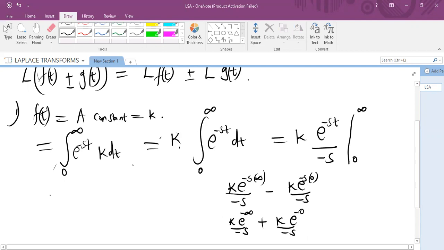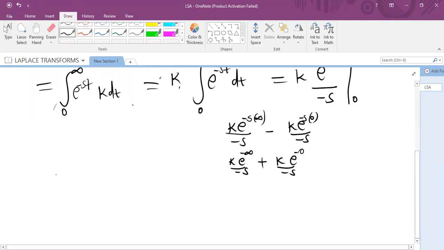Now, what is exponential raised to the power of infinity? We all know infinity is a very big number. So we have exponential raised to the power of minus infinity. This is the same as 1 over exponential raised to the power of infinity, which will just give you a very big number.